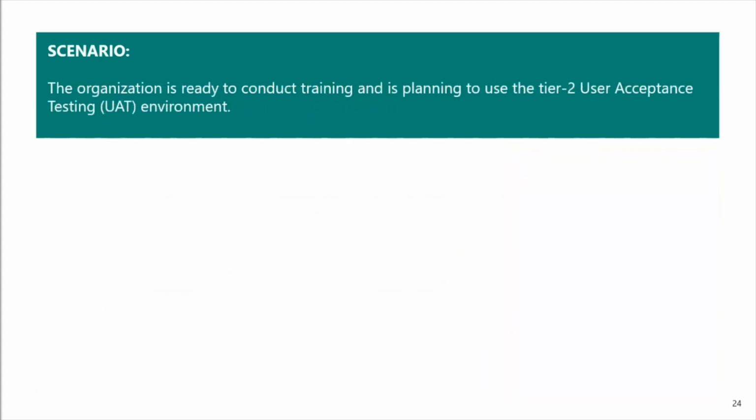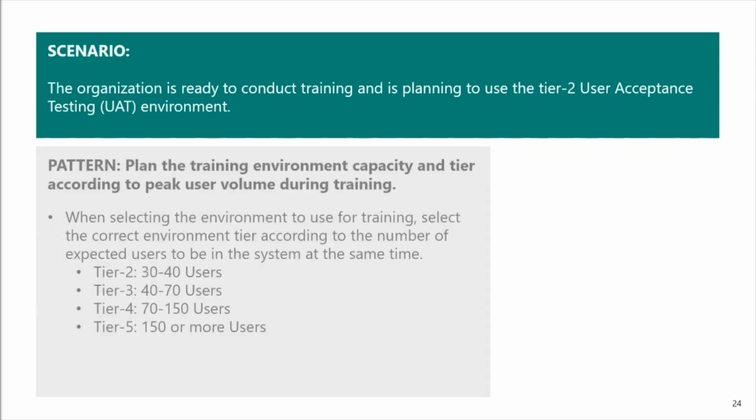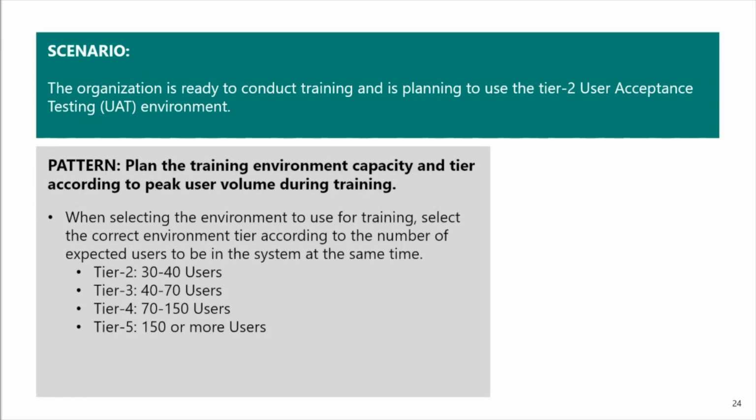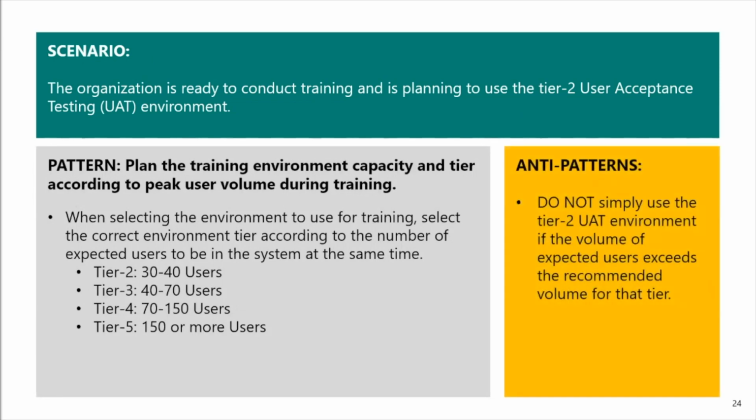So in our next scenario, the organization is ready to conduct training and is planning to use the Tier 2 user acceptance testing environment. While I'm not going to say that using your UAT environment is a bad thing or a wrong thing, you need to carefully plan and consider it. So when you're planning your training environment, you'll need to think about the capacity and tier according to the peak user volume during your training.